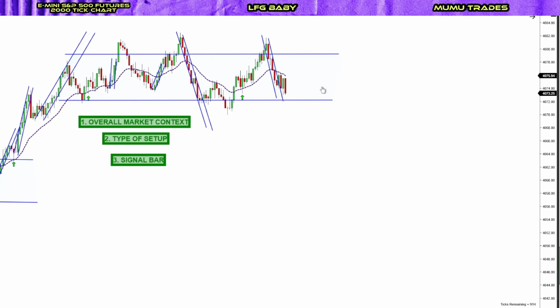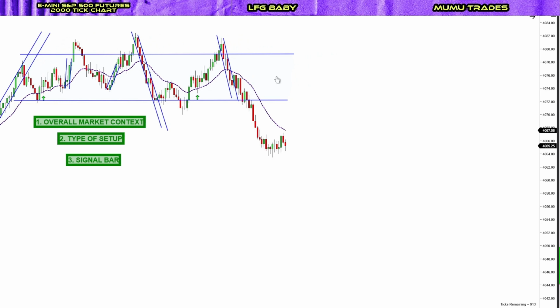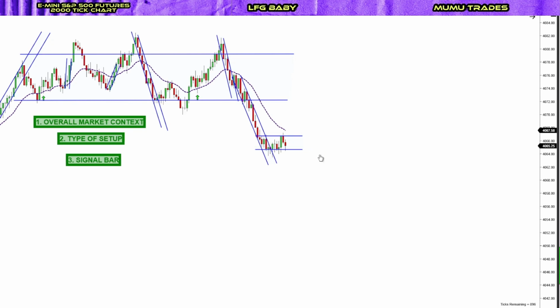We don't get it, and prices end up going downhill. So now we have another downtrend. We have some choppiness, a mini little range. Very congested.